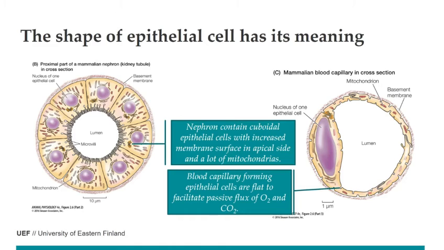Because if the nuclei of all these three cells would be in the same place, there would not be enough space for the red cells to pass through this lumen.